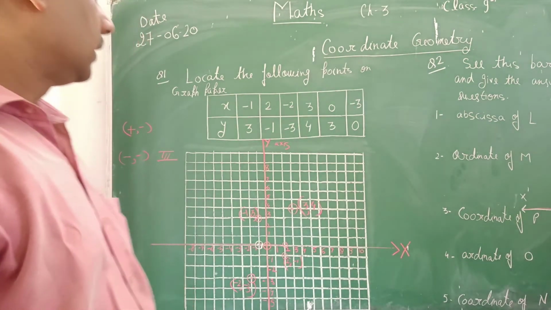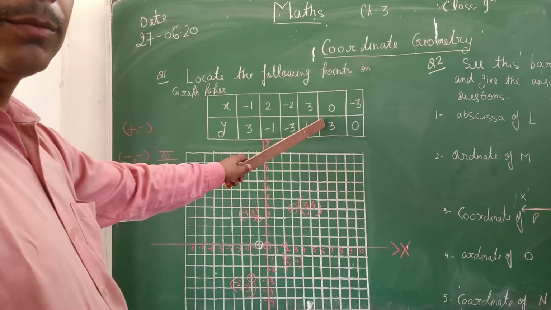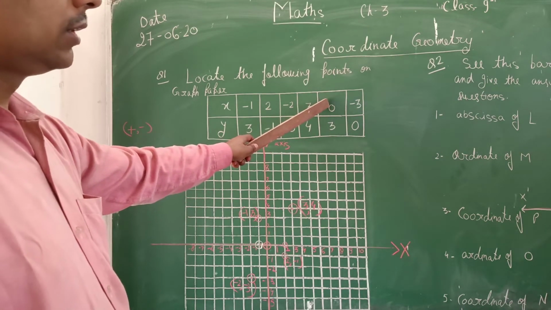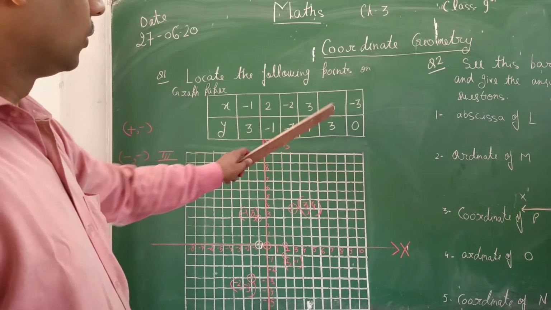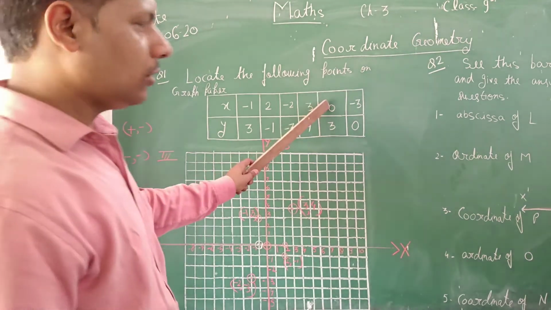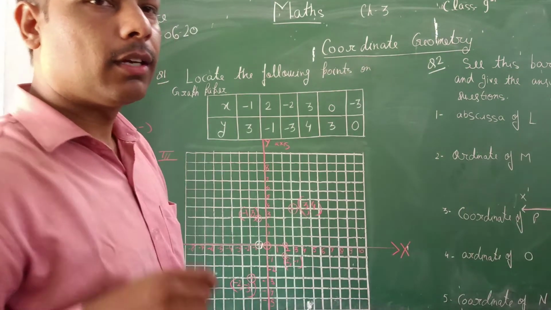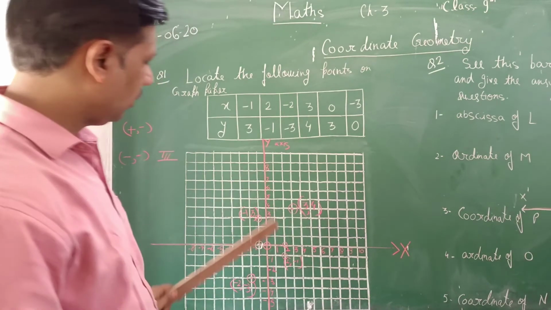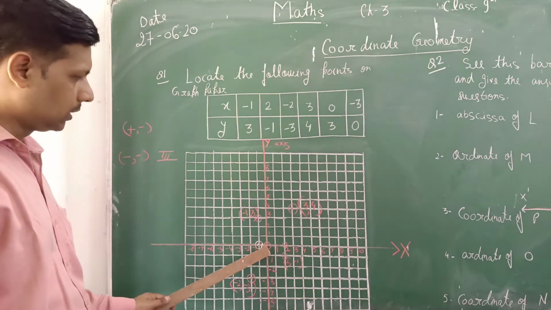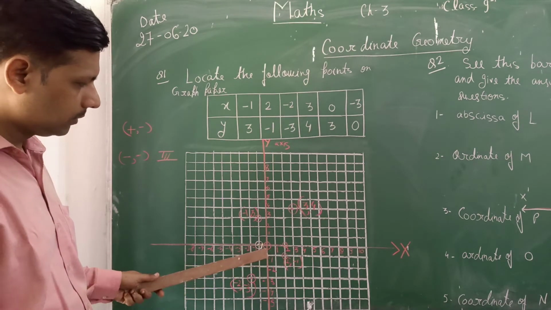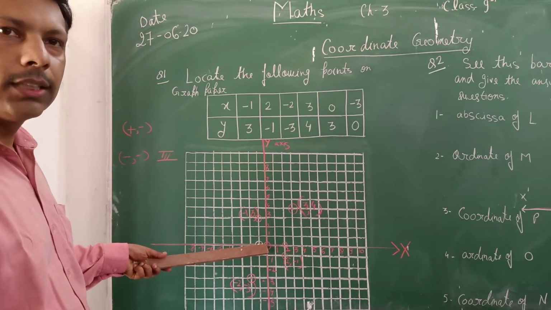Next point is (0, 3). The value of x is 0 and the value of y is 3. Because of 0, we will not move right or left. We will stay on our origin on the x-axis. This is our origin. Now 0 and then the value of y is 3.